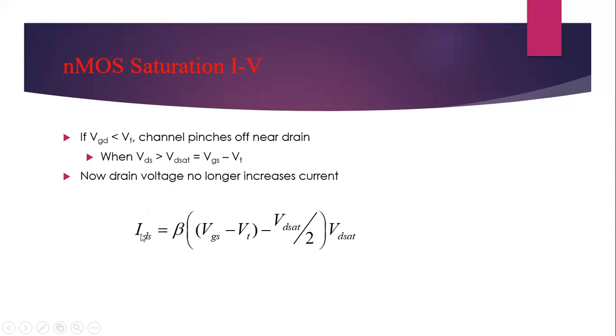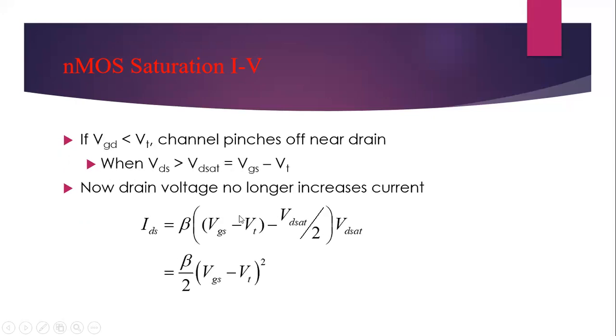So now we can rewrite IDS as beta into VGS minus VT minus V saturation of drain divided by 2 into V sat, and we know the value of V saturation is VGS minus VT. So we replace this V saturation by the term VGS minus VT.